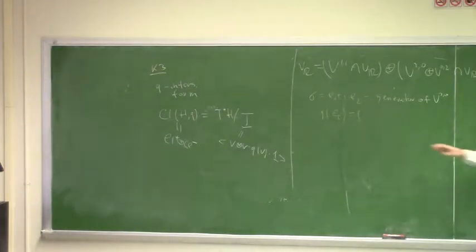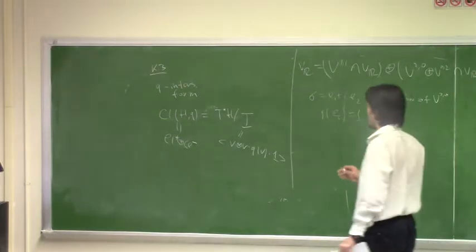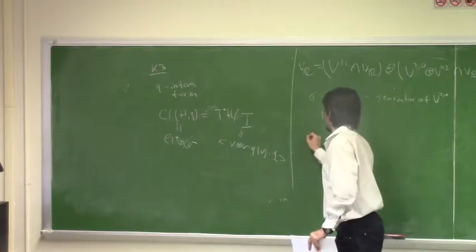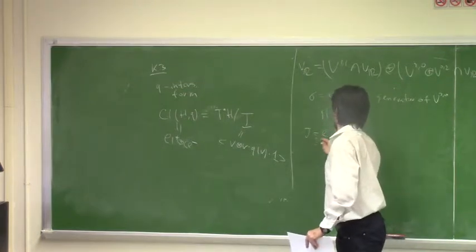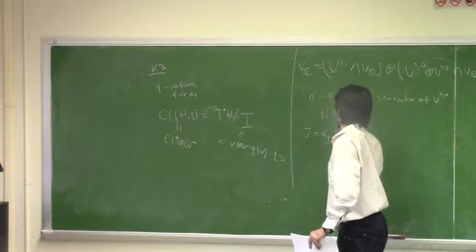We get this basis e1, e2, an orthonormal basis in the real homology. And we can consider the element J, which is e1 times e2.